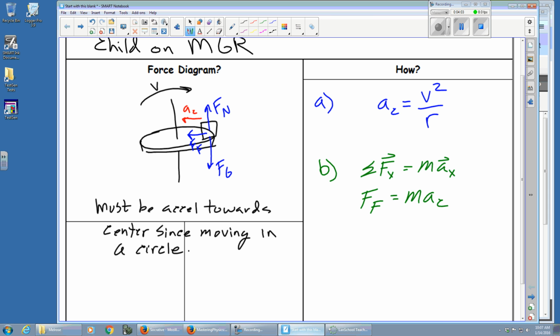Oh, wait a minute, I solved for a_c last step, and it told me the mass. So I can find that frictional force, which is my net horizontal force. So I'm just solving for my frictional force there. And that'll do it on that one. You know everything.